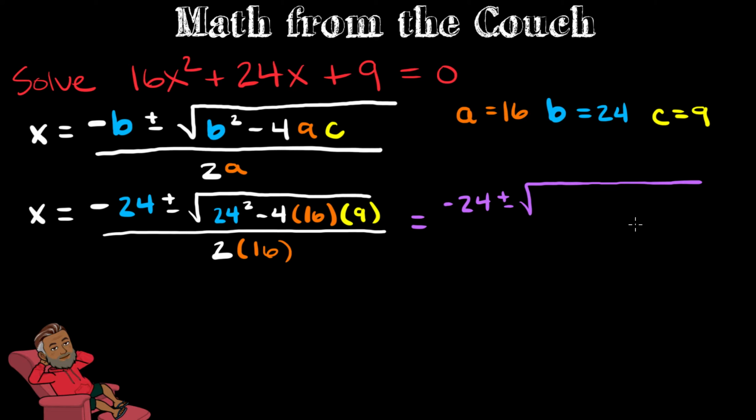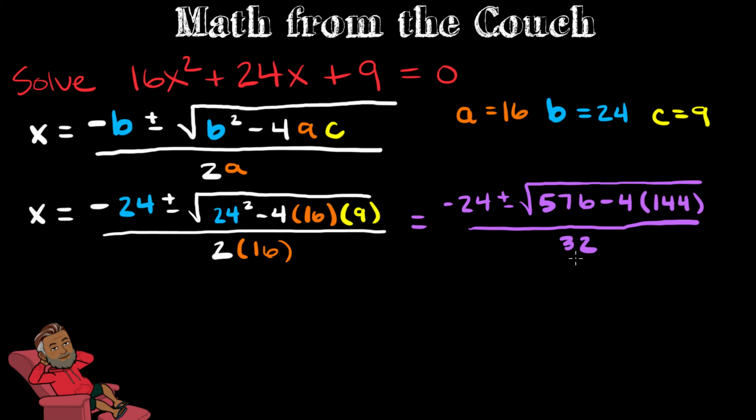Oftentimes it's a number I can do in my head. 24 I can't do in my head, but I did look it up earlier. It comes out to 576. Minus 4, and then this next one I'll do in my head, 16 times 9. I'll always multiply the orange and the yellow number. 16 times 9 happens to be 144. So I get 144, all over, and then I'll multiply the 2 and the 16. That's 32, so I'll have over 32.